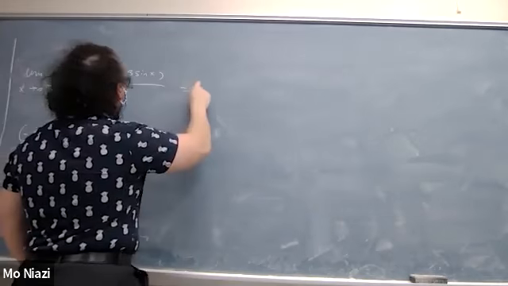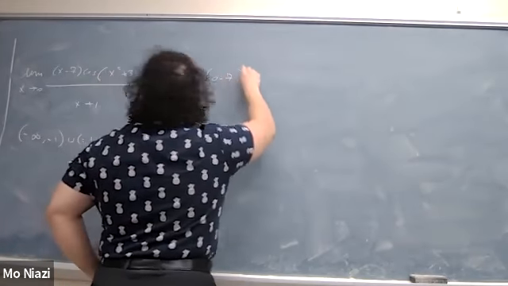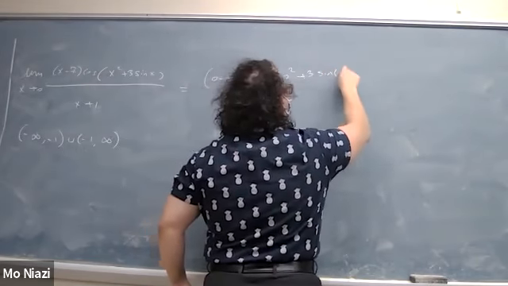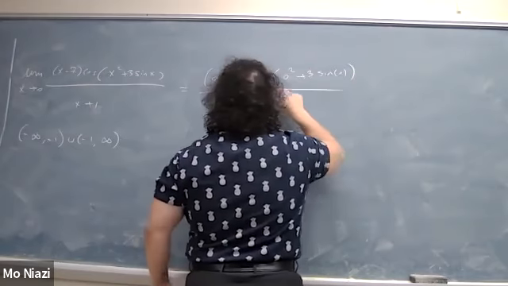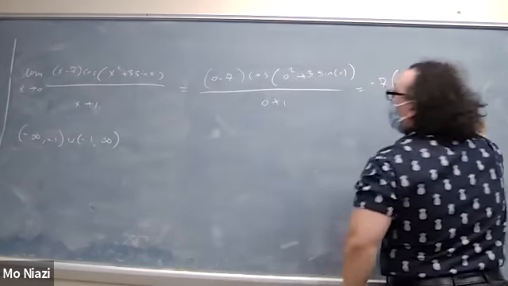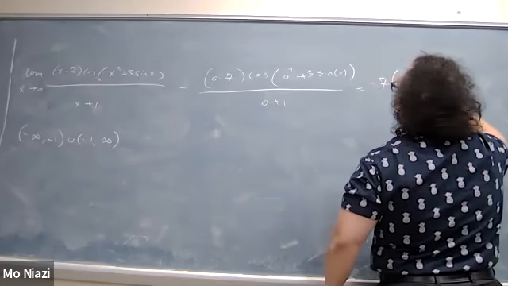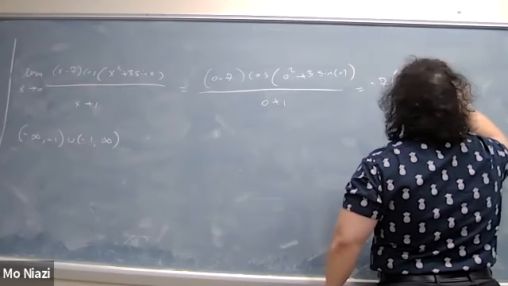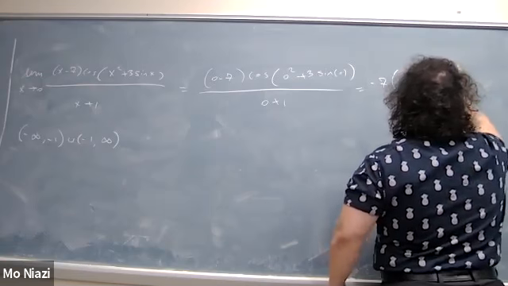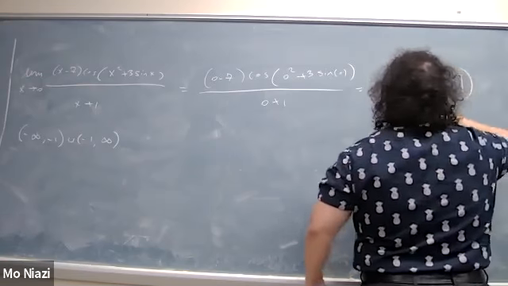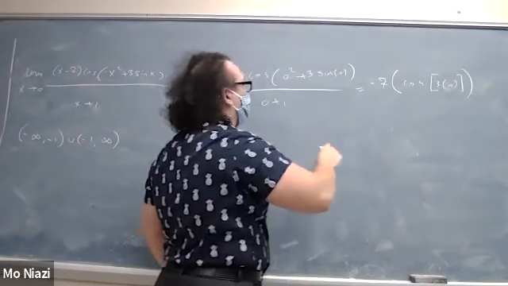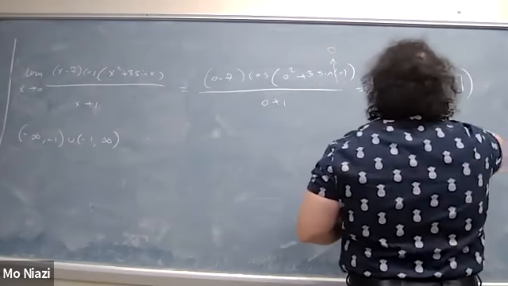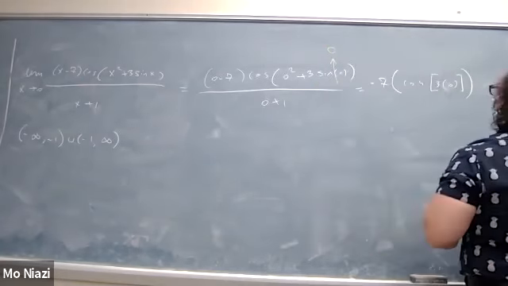So we'll just replace every x with a 0. Because the sine of 0 is 0, we just get the cosine of 0, because 3 times 0 is 0.